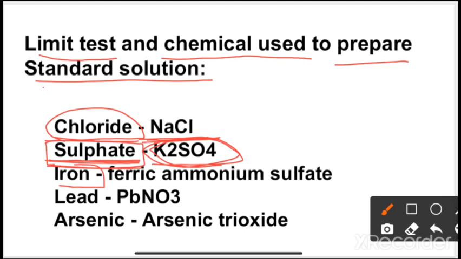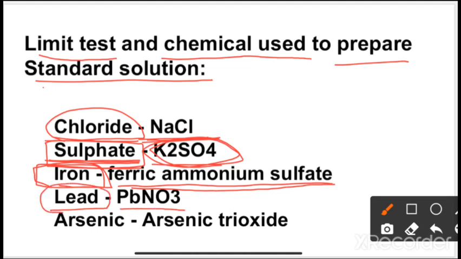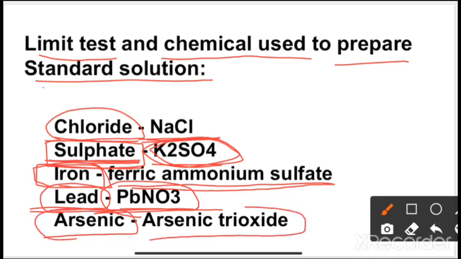Then for the limit test of iron, ferric ammonium sulfate is used as a reagent to prepare the standard solution. For limit test of lead, lead nitrate is used as a chemical reagent to prepare the standard solution. For the limit test of arsenic, arsenic trioxide is used to prepare the standard solution.